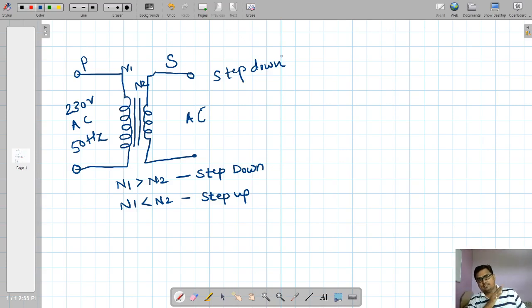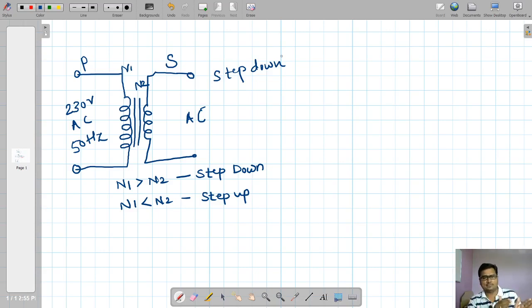So this 230 has to be converted into small DC, and as the voltage required at the output is small, I need to down convert that 230 volt. That's why I am using a step down transformer all the time. So basically it is a transformation from AC to AC, but the amount of AC voltage is reduced.